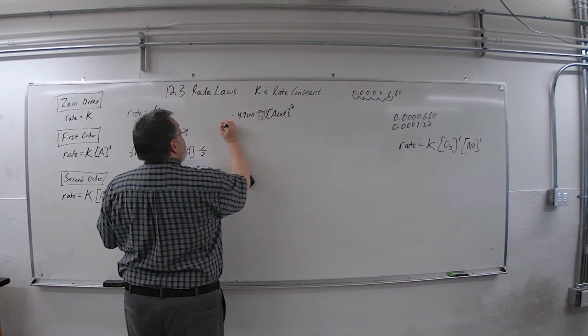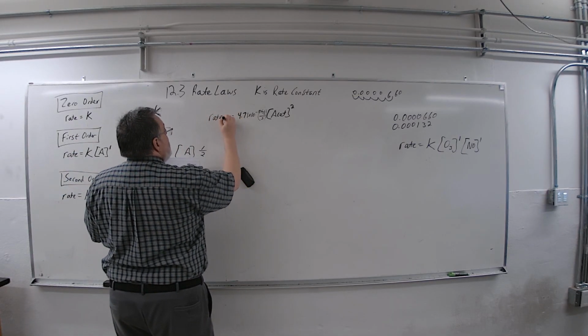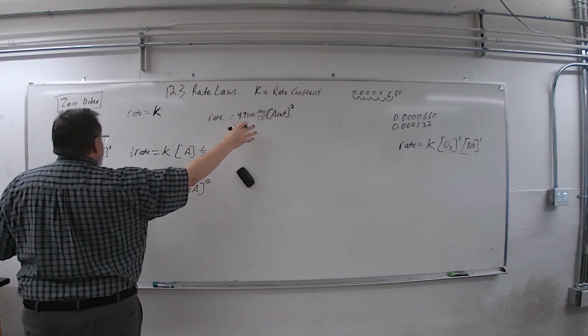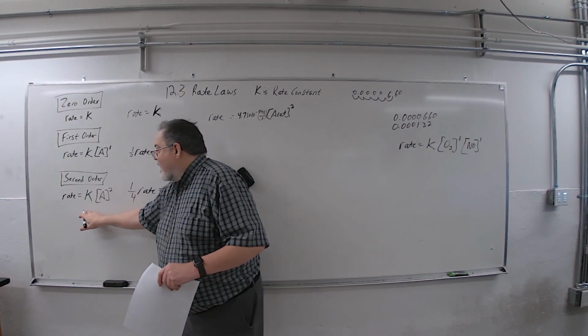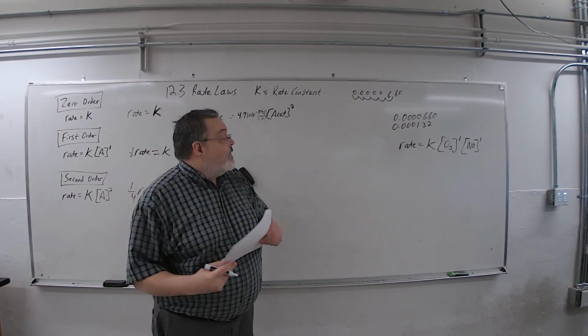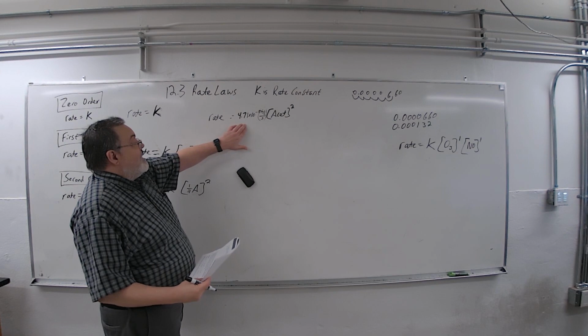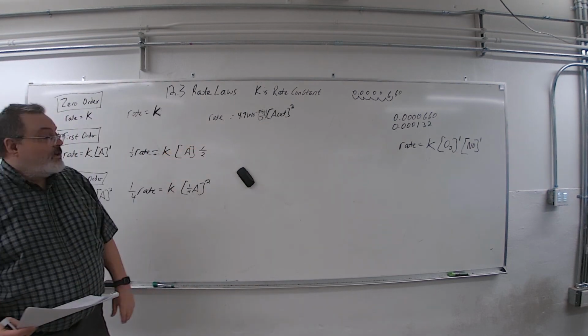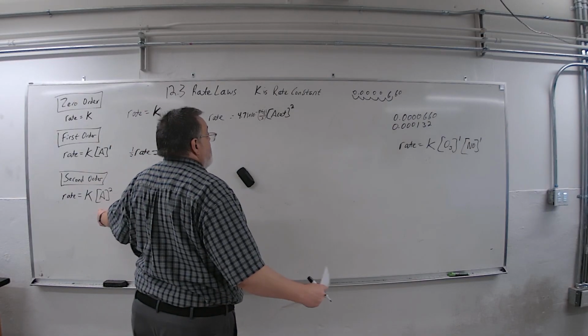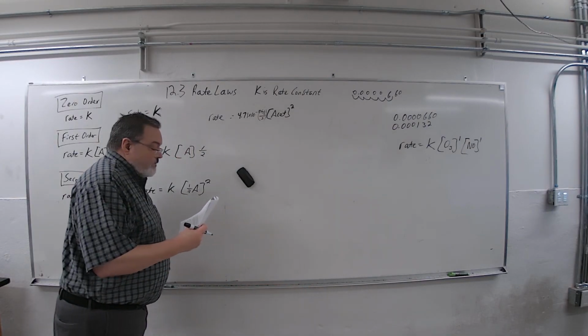It's asked that that equals the rate. Second order, I've basically rewritten this. Rate equals K times the concentration squared. I just wrote it really messy. But I'm using this equation. I'm just plugging in that.